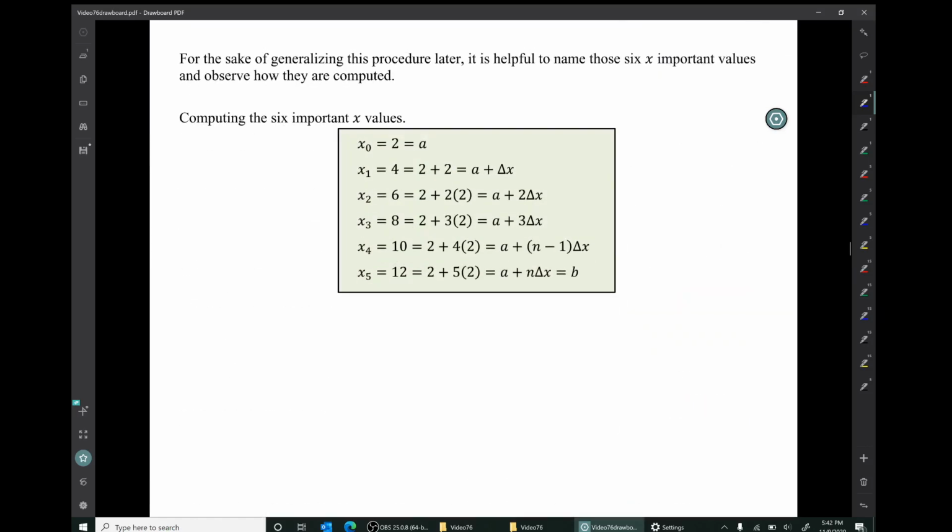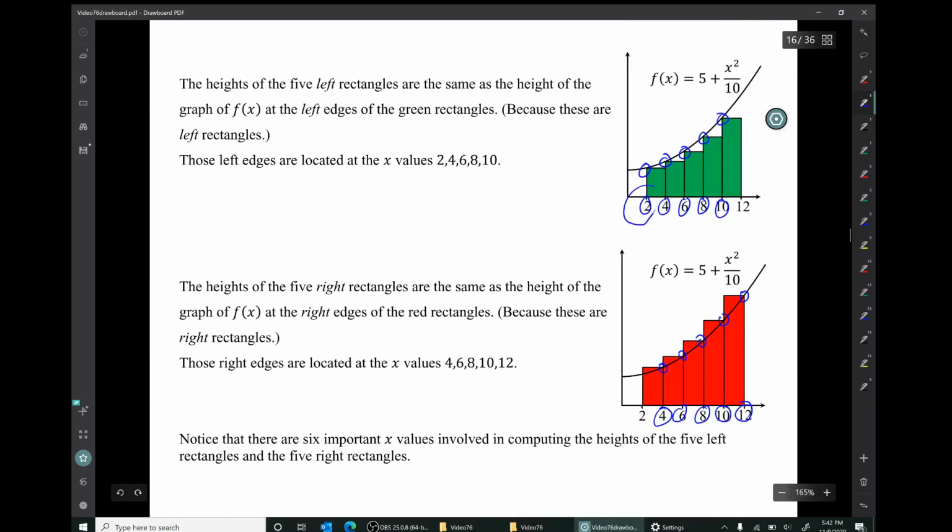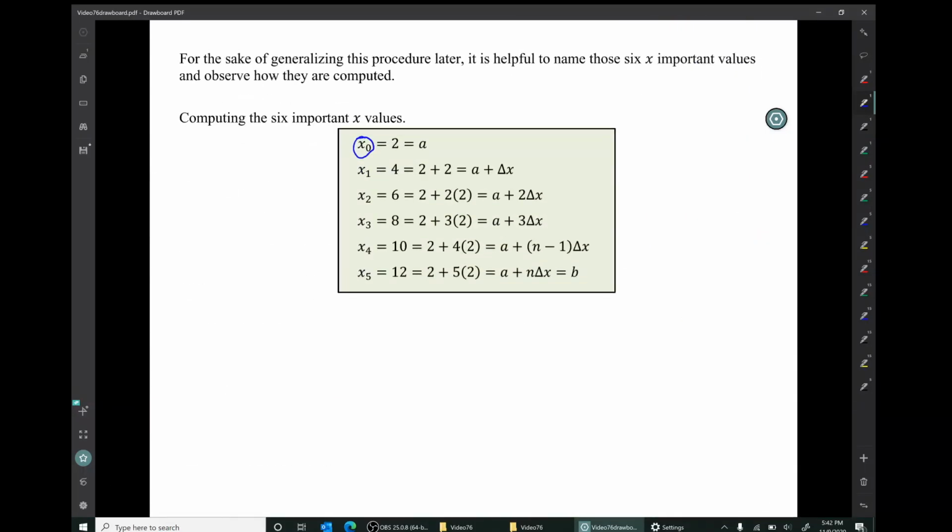For the sake of generalizing this procedure later, it's helpful to name those 6 important x values and observe how they're computed. So what I will call x subscript 0 is the x value at the far left end of the interval. That is my x equals a. The value of a is the x coordinate of the left end of the interval. And then the x values get denoted x1, x2, x3, x4, x5.